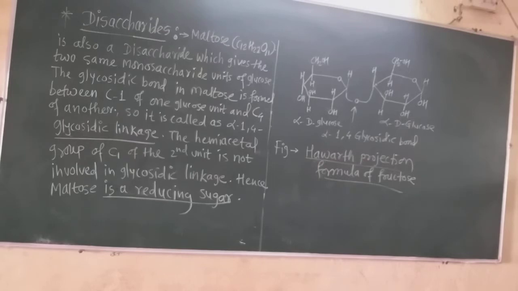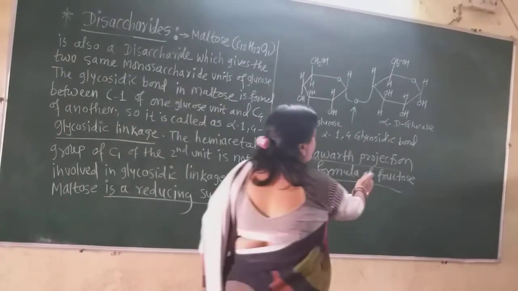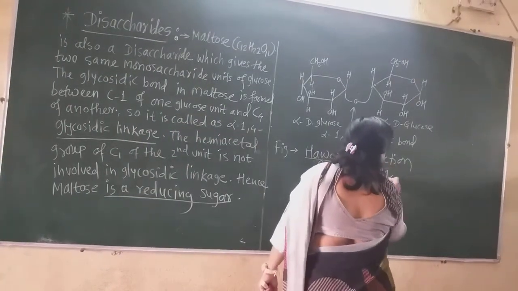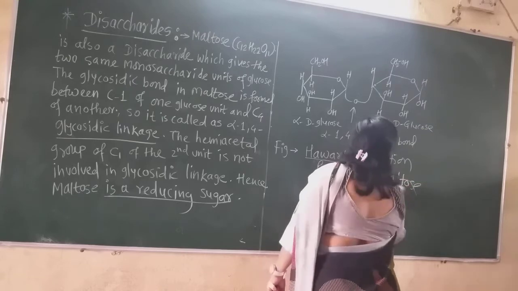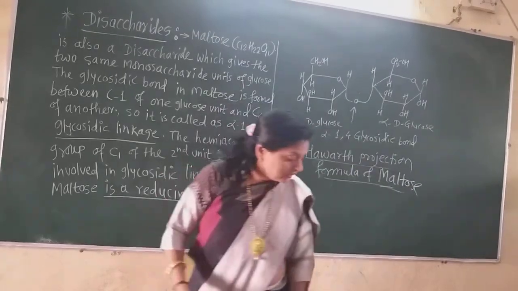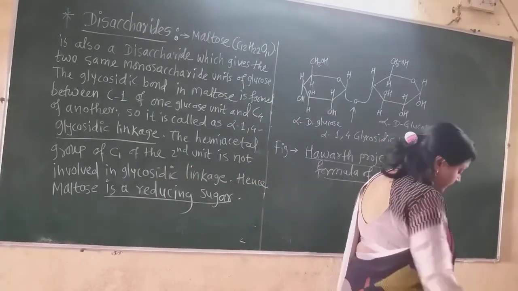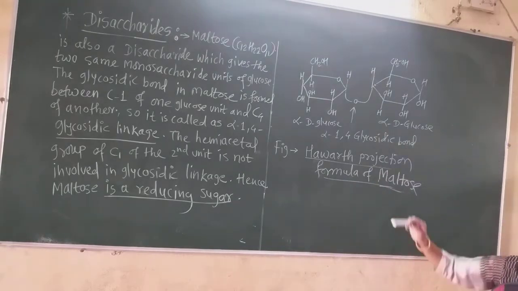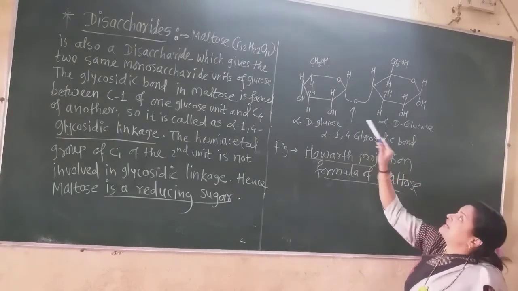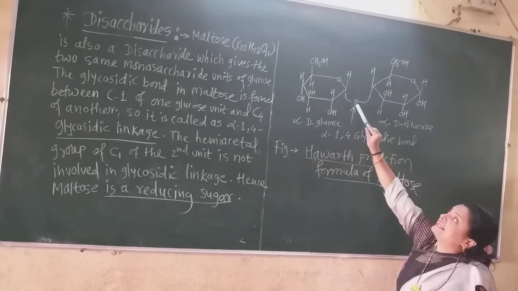Now this is the Haworth projection formula of maltose. In it the 2 monosaccharide units, that is the 2 alpha D glucose units, are joined by the glycosidic linkage here also.